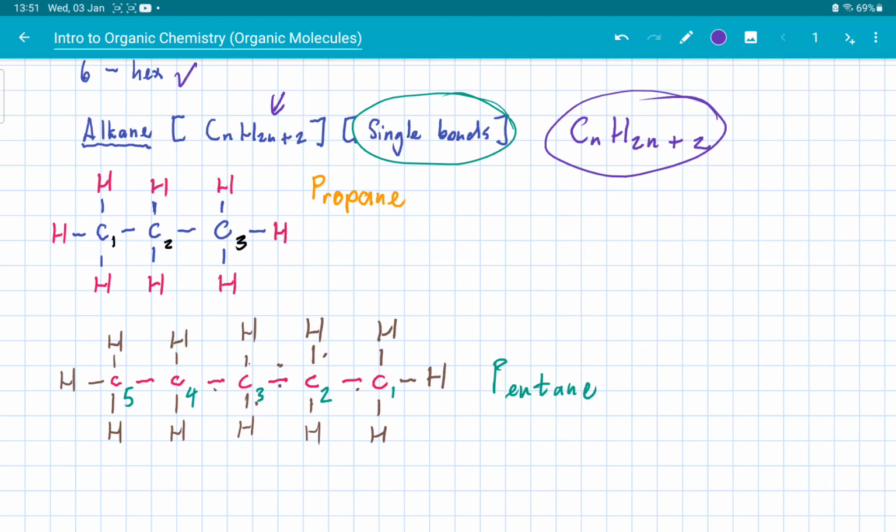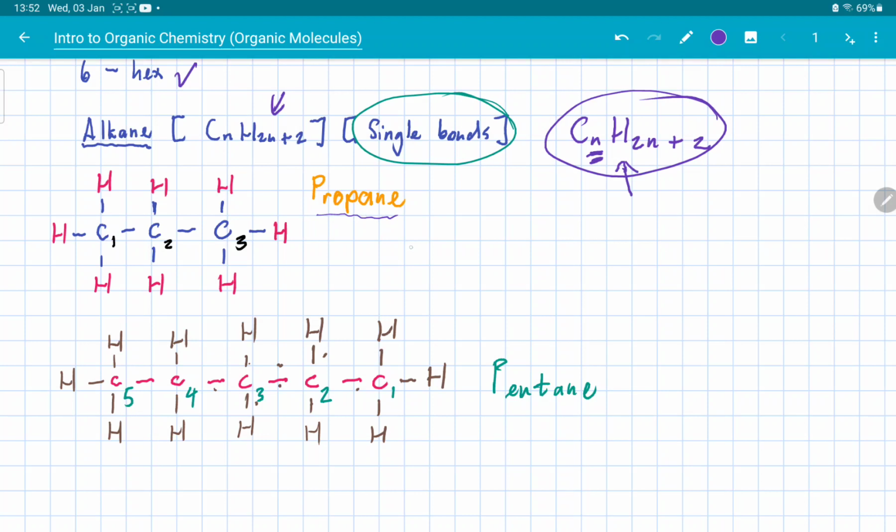So now we ask ourselves, how do we use this general formula to obtain the molecular formula? The n there stands for the number of carbons present in the molecule. So if I want to write down the molecular formula of propane, what am I going to do?